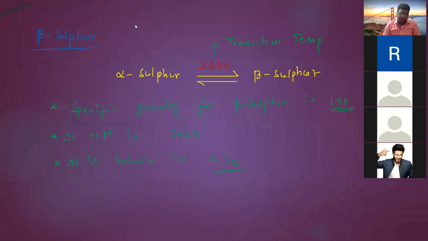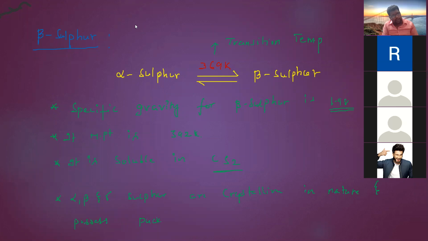Write down this one point. Alpha, beta, and gamma sulfur are crystalline in nature and possess a puckered ring structure.